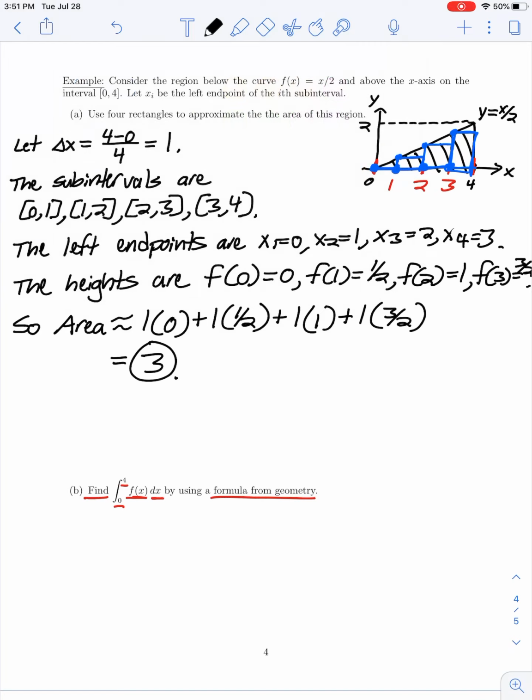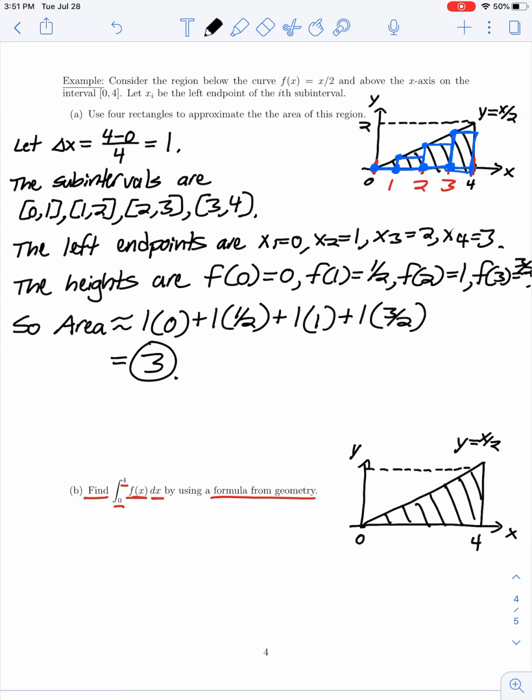So in this example, we notice, if we look at the sketch of our region, under the graph of x over 2, so again, a line of slope 1/2 passing through the origin, on 0 to 4, we see that this is just a triangular region. And we know how to find the exact area of a triangular region. It's given by 1/2 base times height.